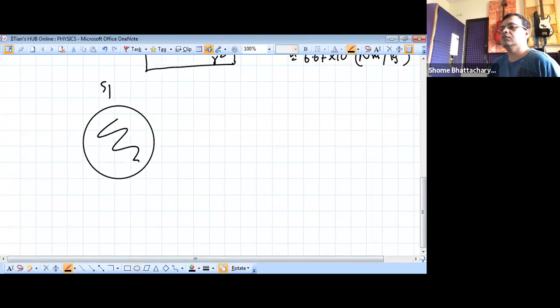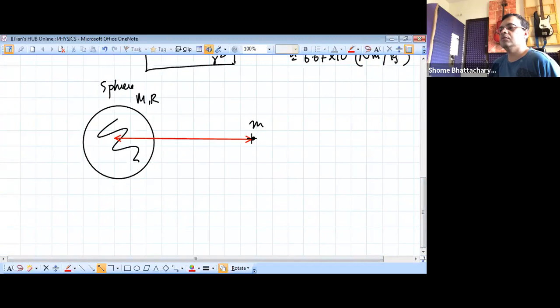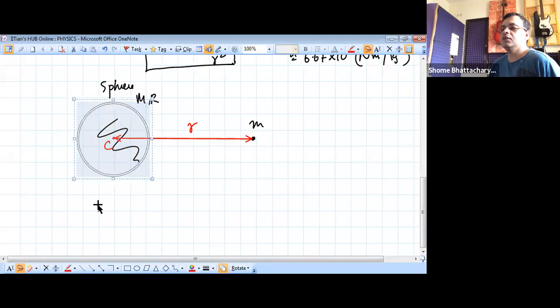We have a sphere of mass M and radius R, and we have another particle of mass small m, such that the distance from the center of the sphere to that particle is some r again. Now we want to look at the interactive force between a spherical body and a particle or point mass.